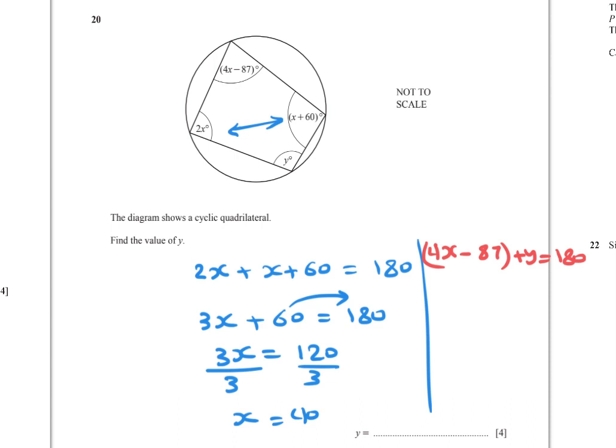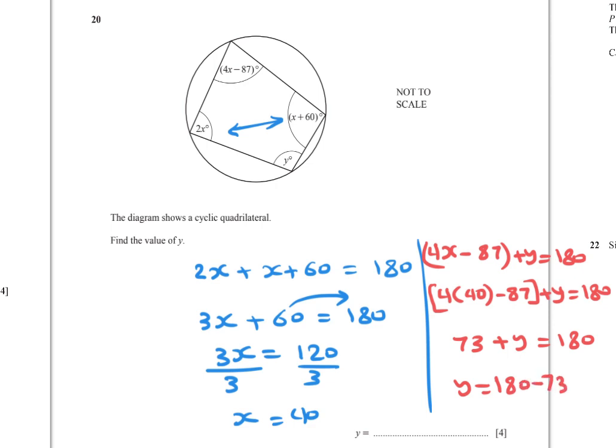So 4 times 40 minus 87 plus y equals 180. 4 times 40 minus 87 equals 73. So 73 plus y equals 180. Now y equals 180 minus 73, which equals 107.